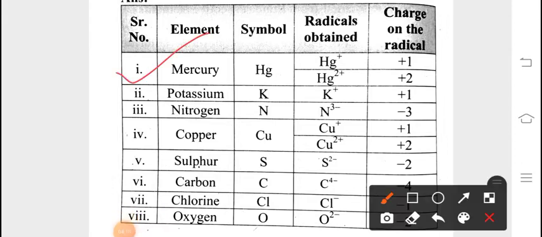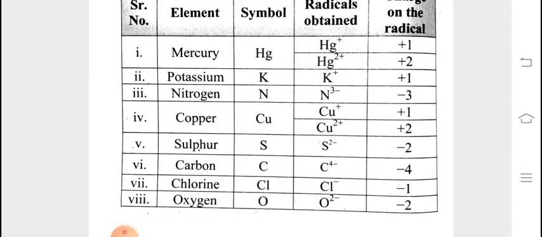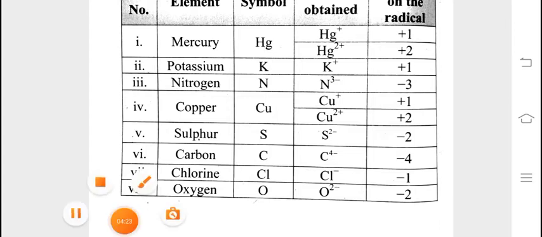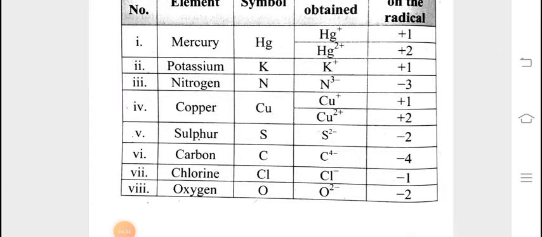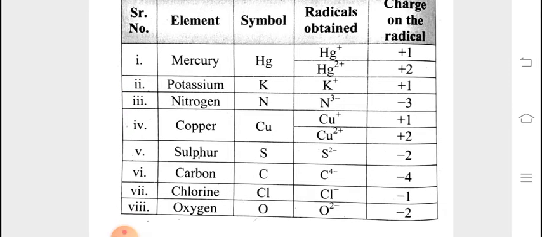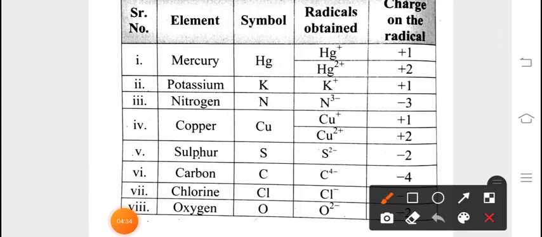First symbol is of mercury. Element is mercury, symbol is Hg. Radicals obtained: Hg plus, Hg2 plus, and charge on the radical is +1, +2. Next question, potassium. Symbol is K. Radical obtained: K plus, and charge on the radical is +1.